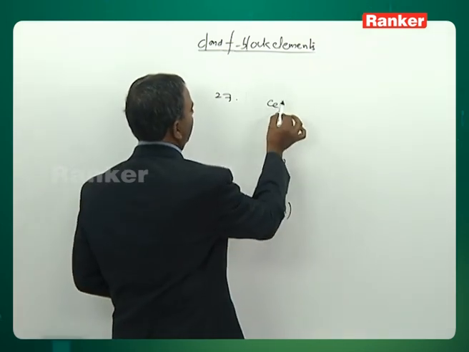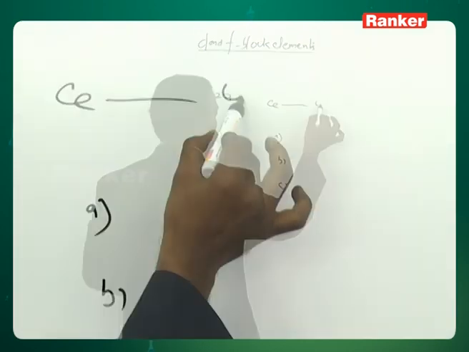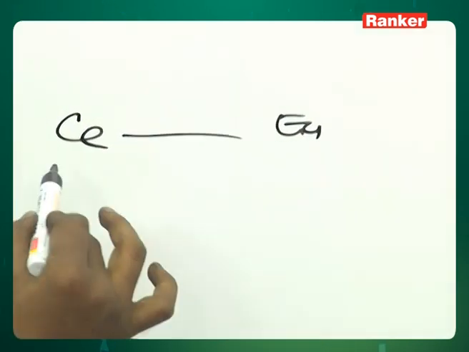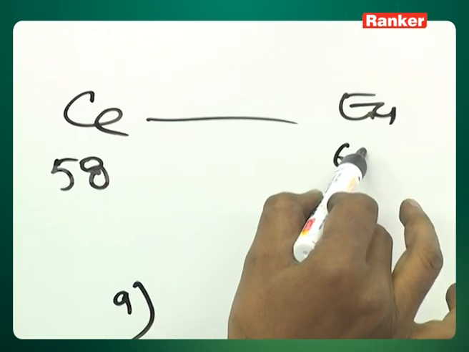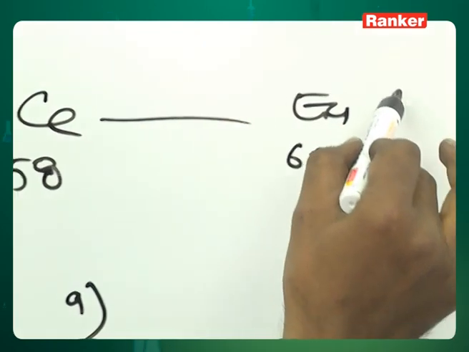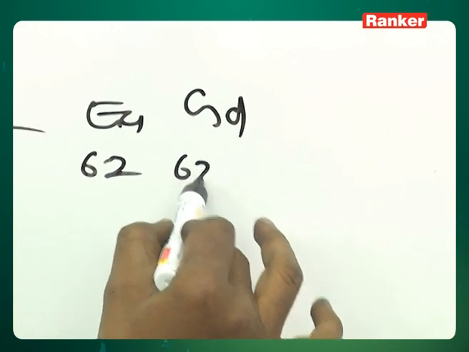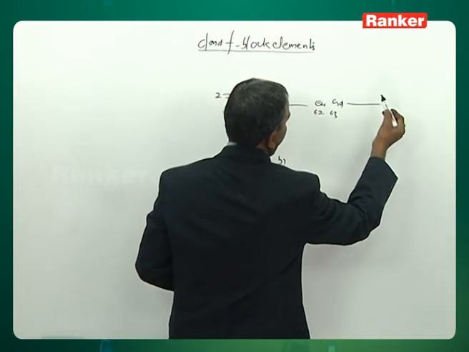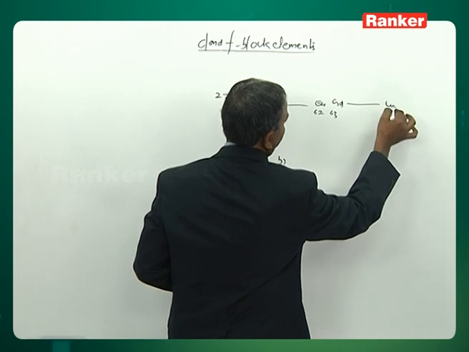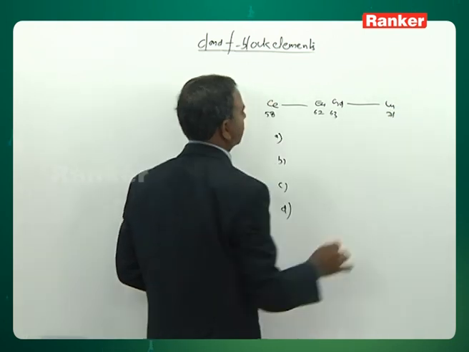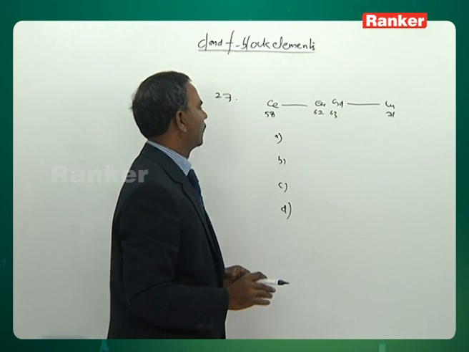What are the lanthanides? Look here, take cerium to europium, that is 58 to 63.